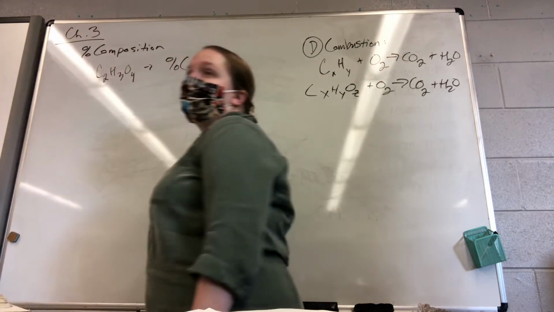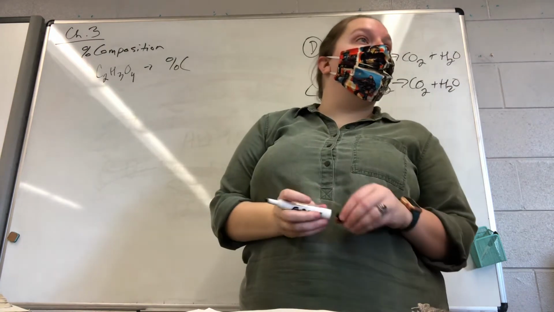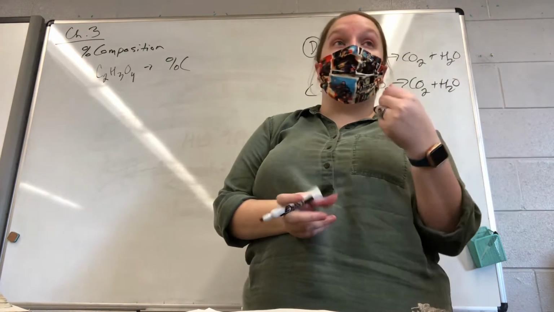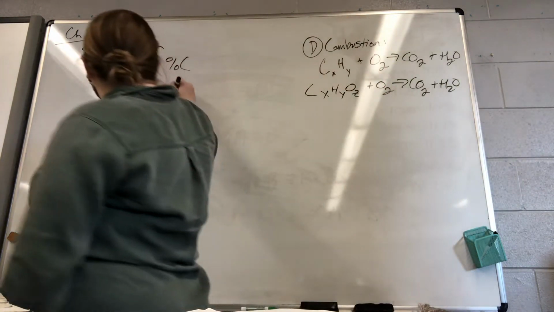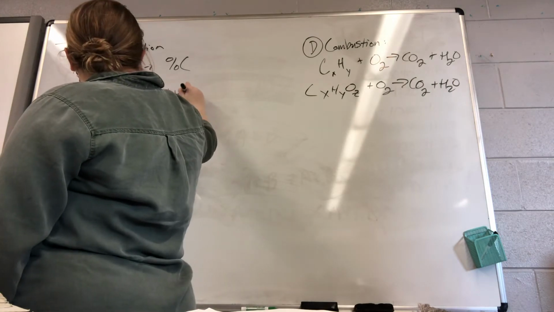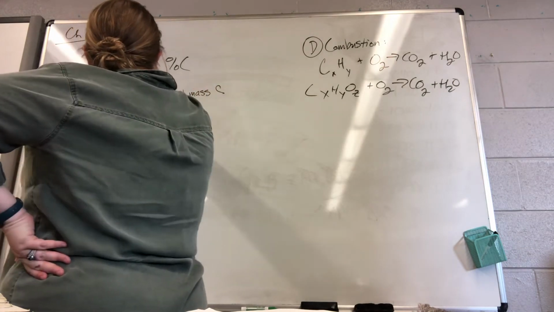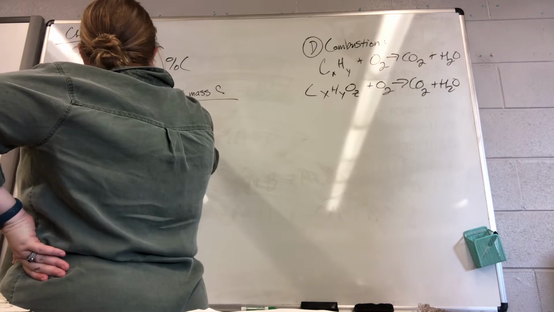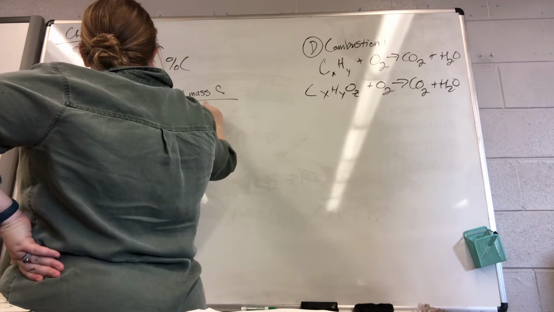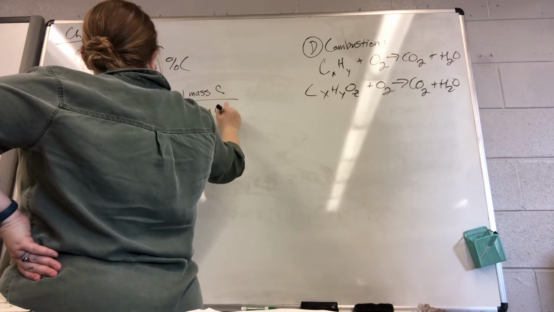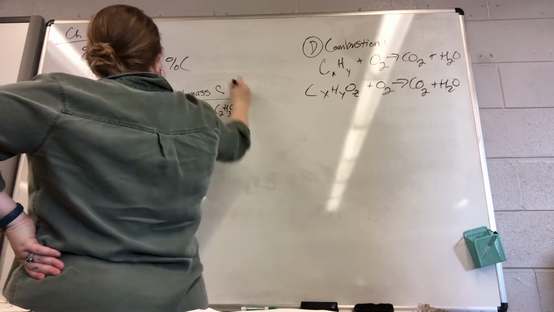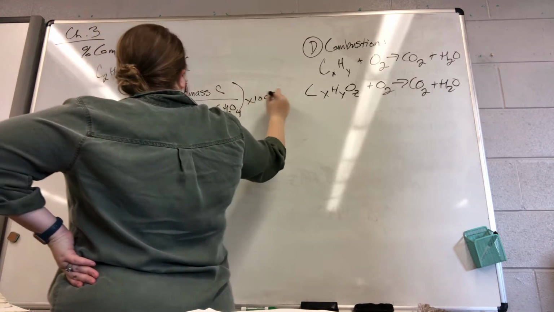Say that we're asked to figure out what percent of this particular molecule is actually made up of just carbon. We're going to measure the total mass of carbon over the molar mass of the whole thing, multiplied by 100%.